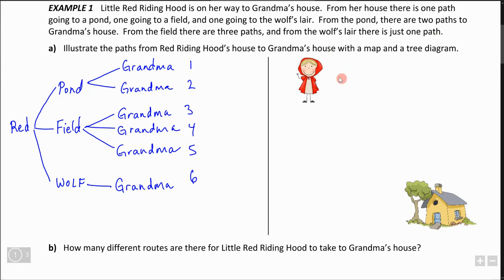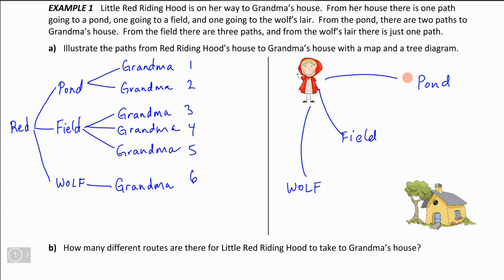mapping diagram? Well, it's really quite simple. At the start, I have Red Riding Hood. At the end, I have Grandma's house. So between Red Riding Hood and Grandma's house, I have the wolf's lair, I have the field, and I have the pond. And I'm showing 3 paths, one for each.